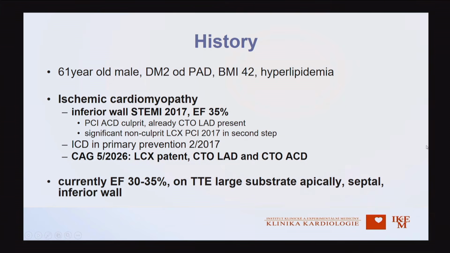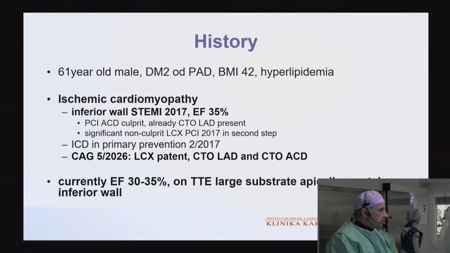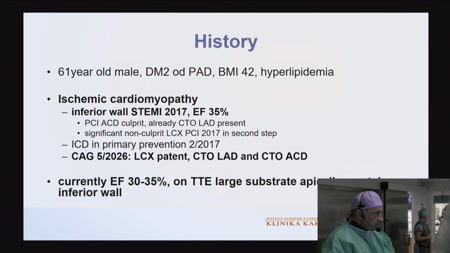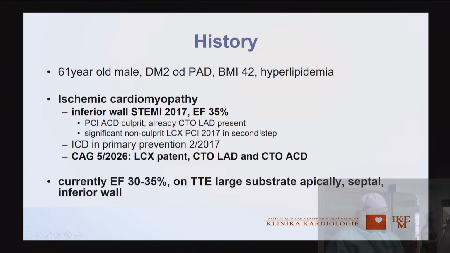Okay, so this is a 61-year-old male, a diabetic on antidiabetics, an obese patient, hyperlipidemic, who has ischemic cardiomyopathy. He had an inferior ST elevation myocardial infarction almost 10 years ago. At that point, he had an ejection fraction of 35%. They stented the right coronary artery, which was the culprit, but he already had chronic total occlusion of the LAD at that point.